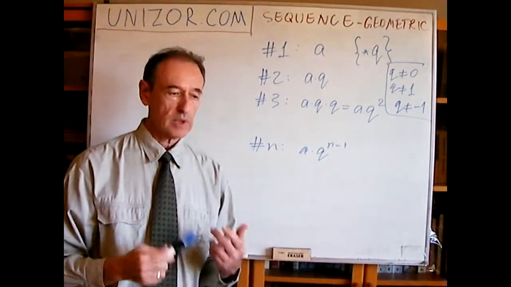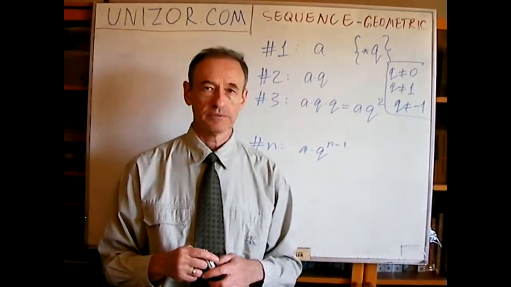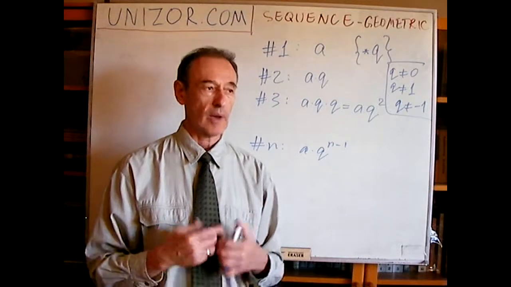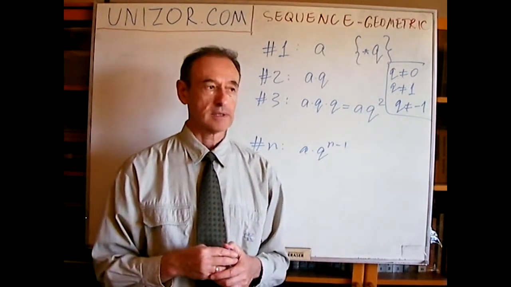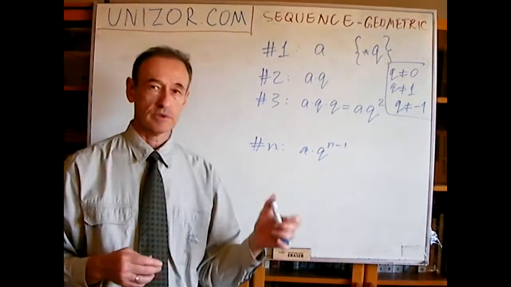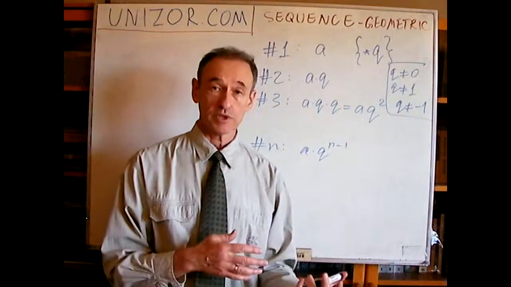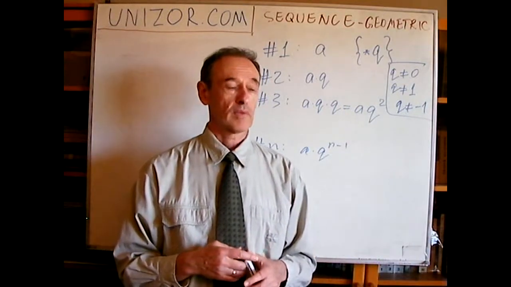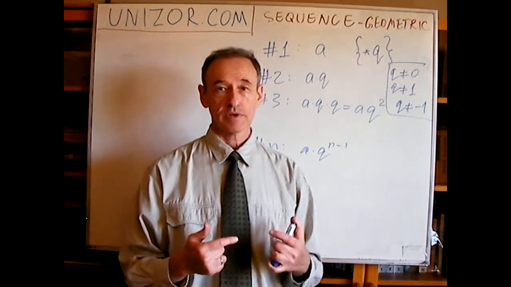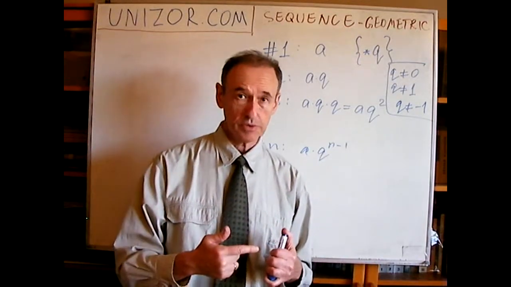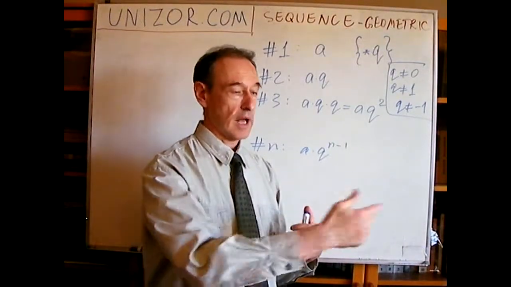Now, I would like to analyze how the elements of geometric progression are changing as n grows to infinity. If you remember from the previous lecture about arithmetic progression, we proved that for positive difference d, we go to positive infinity, unrestricted.